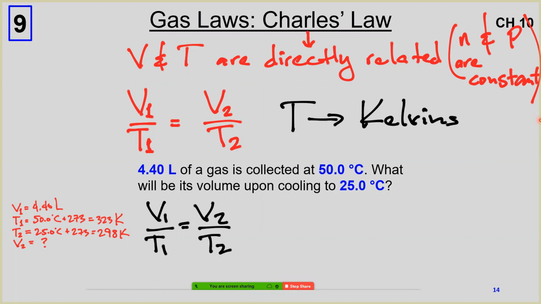We're going to move T2 up here, and then we're going to leave V2 on this side. So now we have V2 equals V1 times T2 divided by T1. That's the equation that we need.